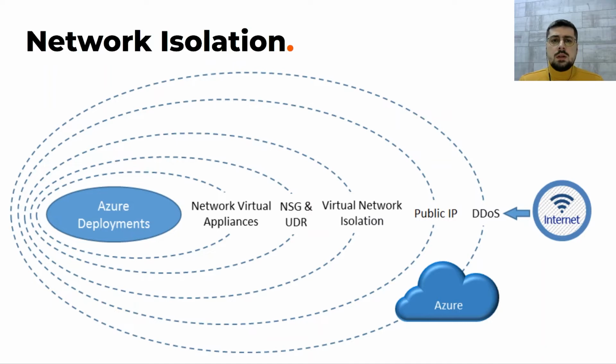These paths and methods are the next layer, where network security groups, user-defined routes, and network virtual appliances can be used to create isolation boundaries to protect the application deployment in the protected network.